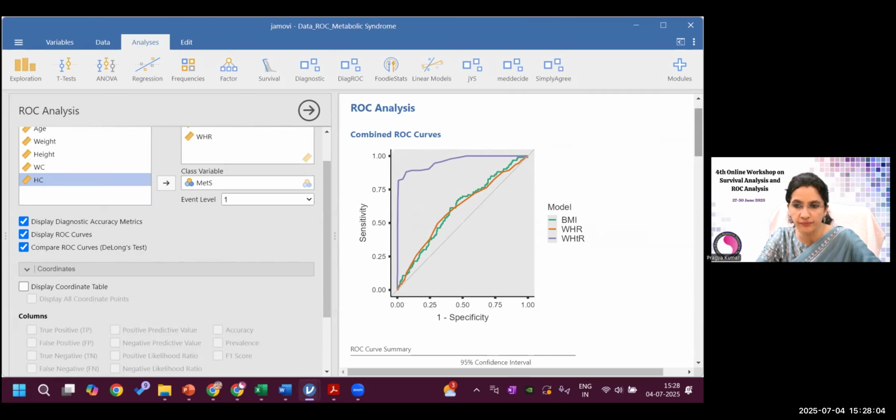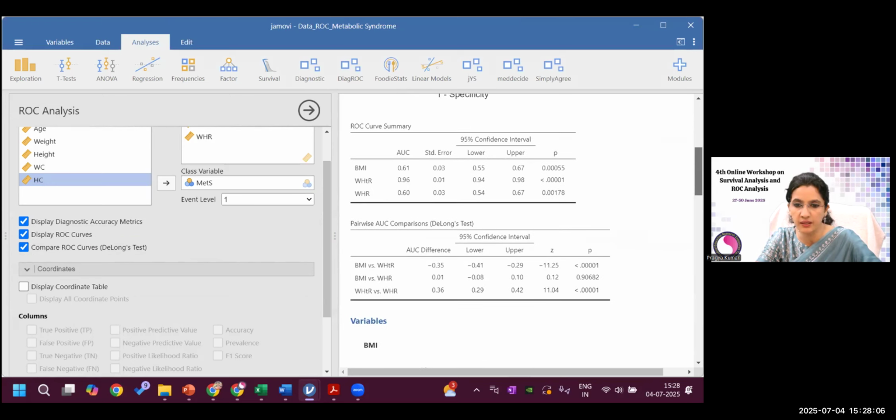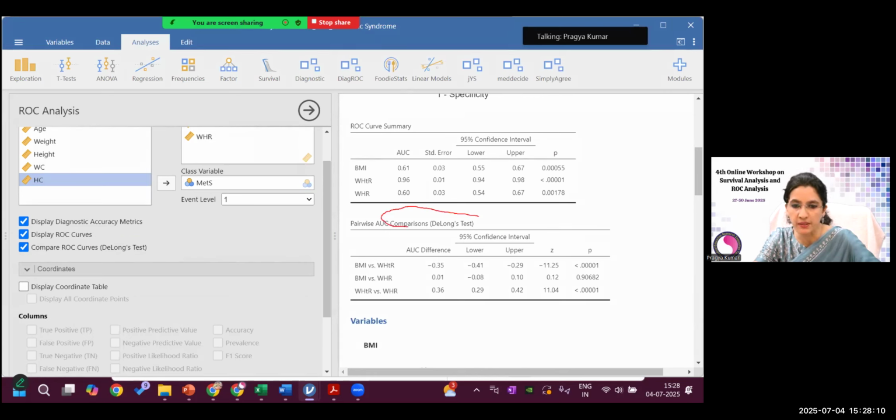And then here you can see, it gives you the output of pairwise comparison. So it is significant, both. Waist height ratio is significant in both. It shows the p-value and it tells you the difference in AUC. So this is the pairwise comparison using DeLong test.